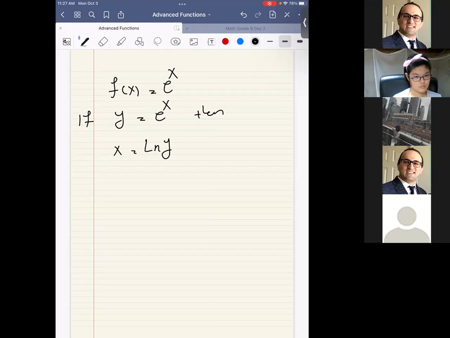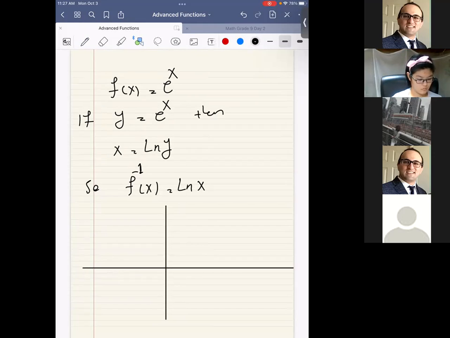That means the inverse of e to the power x, which I denote by f inverse of x, is just ln of x. And we saw the graph of these 2 functions, how it looks. You basically have these 2 shapes.